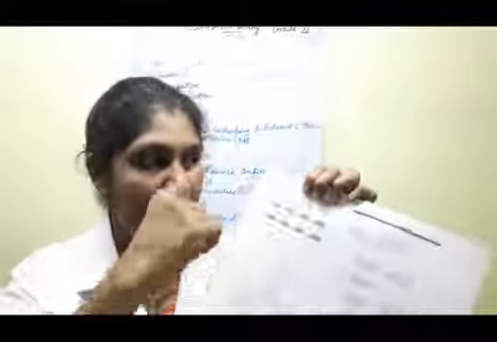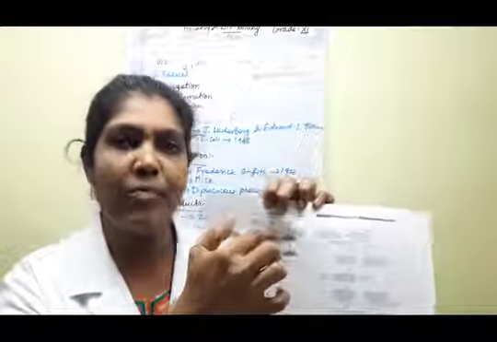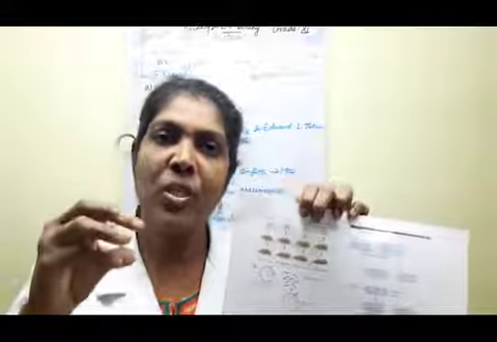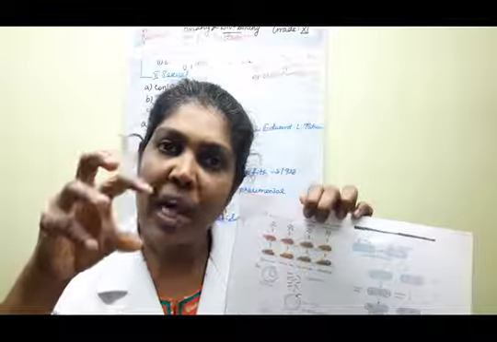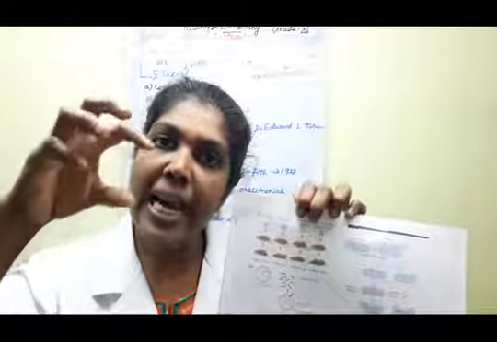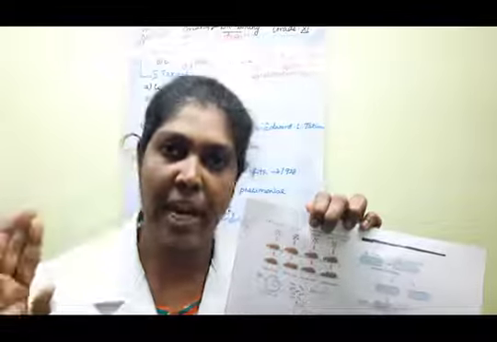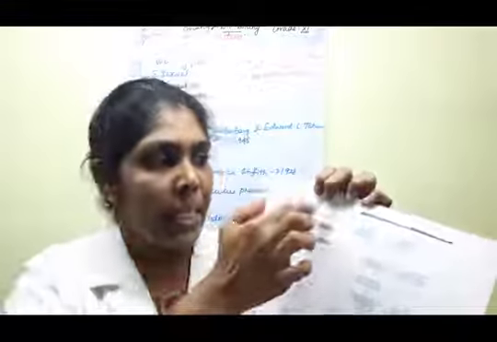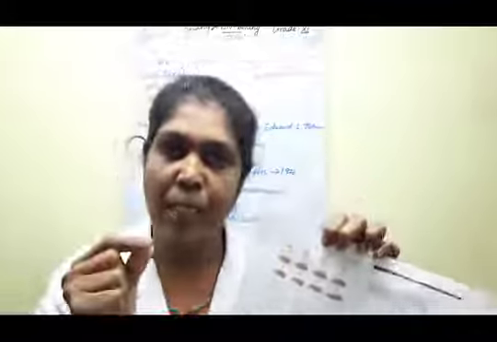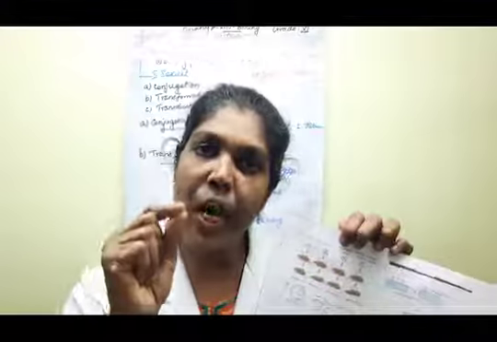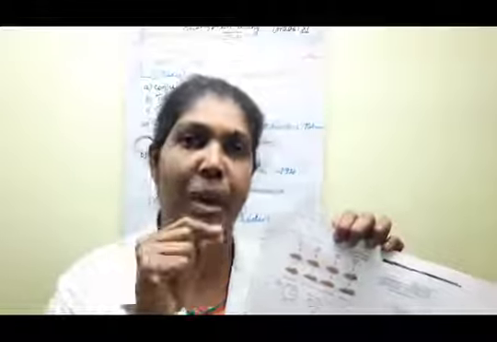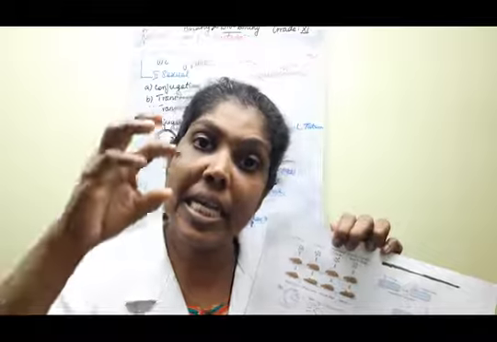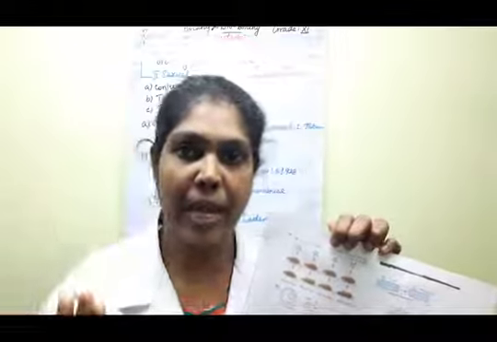Understood, ma'am? Then after that, the third strain the person used is the heat-killed smooth strain. The heat-killing process is applied to the S type of strain. Heat killing means destroying the protein of the bacterial cell, but the DNA is still active. Understood, ma'am?